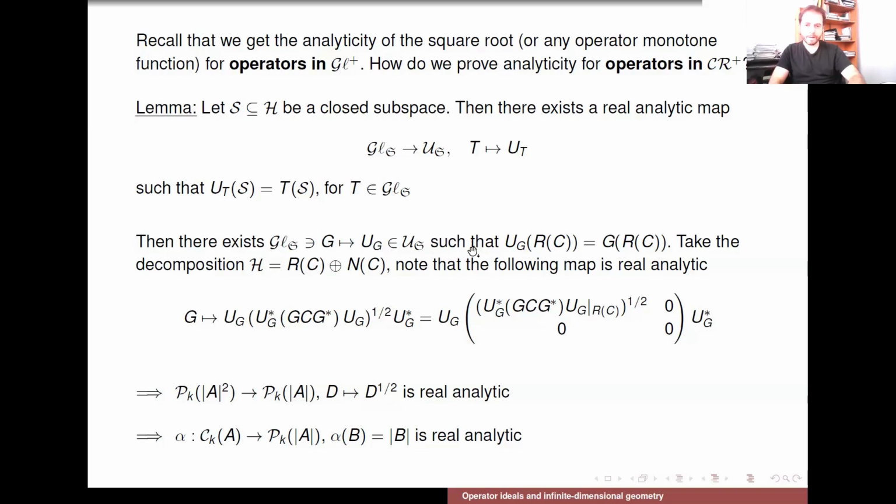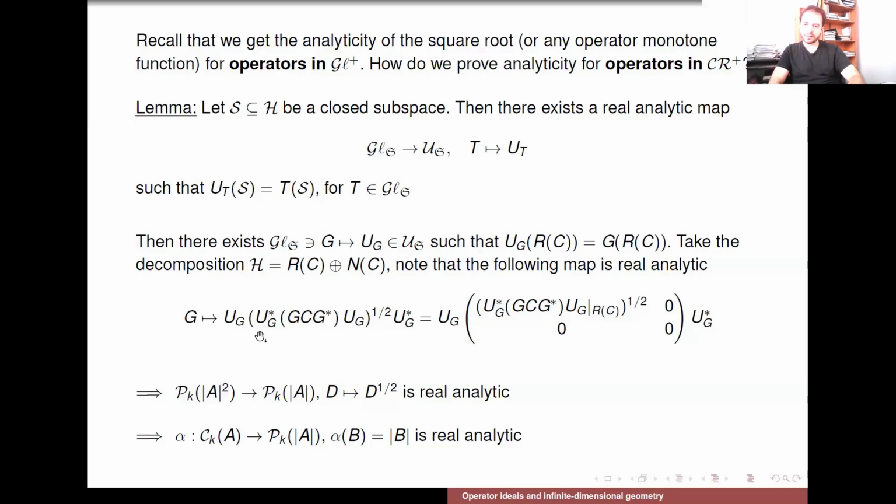What we have is that the map here that sends G to this quantity, note that this is the same as G C G star, because the unitaries by the functional calculus cancel with the unitaries outside the square root.